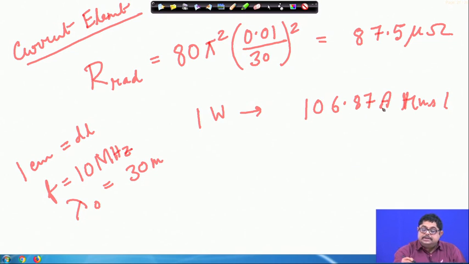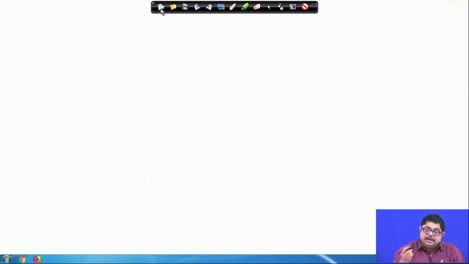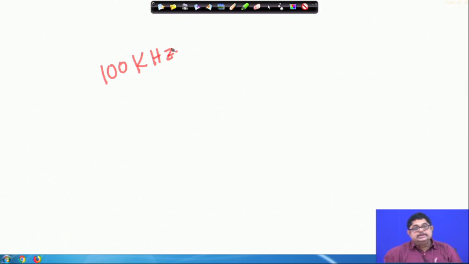Now, instead of this, suppose I redo the same one, but I change the frequency to 100 kilohertz. The same conditions, 1 centimeter current element, 1 watt of power I want to transmit. So, find out what the radiation resistance is.